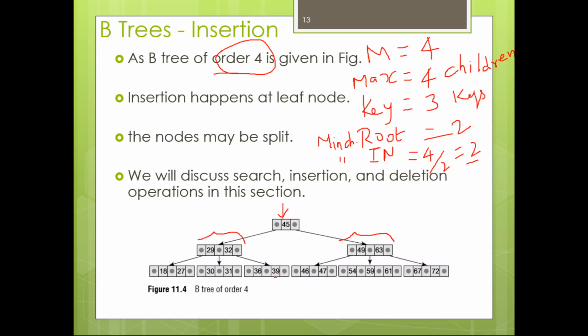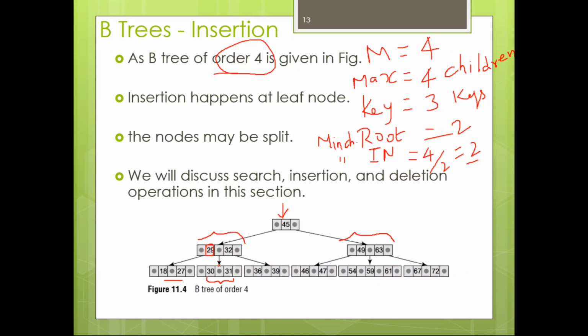All these 3 pointers are pointing to something. The pointer to the left of 29 is pointing to the node which contains 18 and 27, which are less than 29. The pointer after 29 is pointing to the values 30 and 31, which are greater than 29 and less than 32.